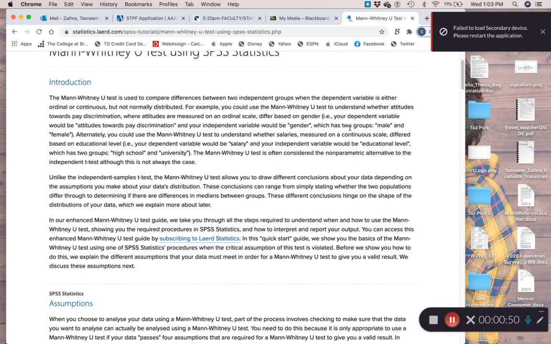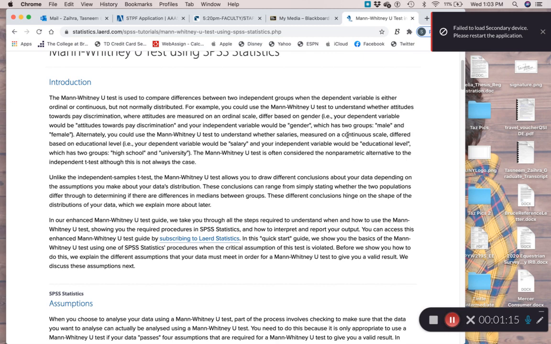Remember, if we take one step back, the Mann-Whitney U-test is used to compare differences between two independent groups when the dependent variable is either ordinal or continuous, but it is not normally distributed, which means you cannot apply the classical normal theory test like an independent t-test.